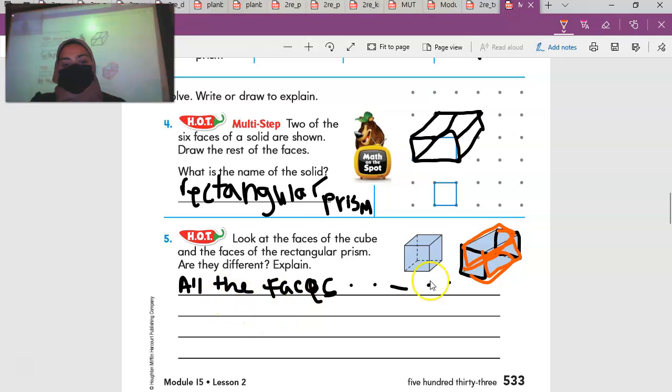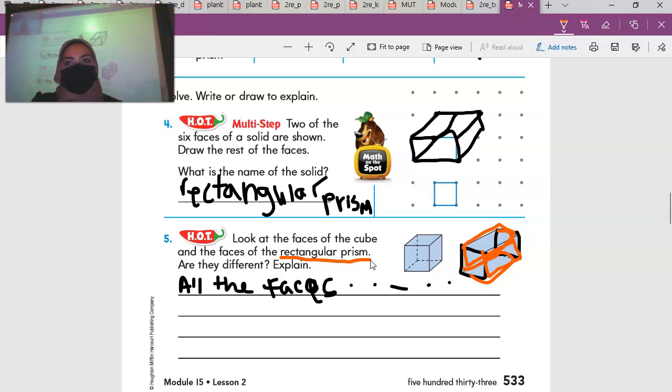So again, the answer is all the faces of a cube are square. Period. The rectangular prism, how do you spell that? It's right there.